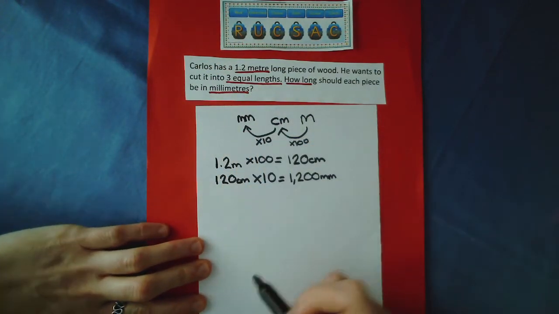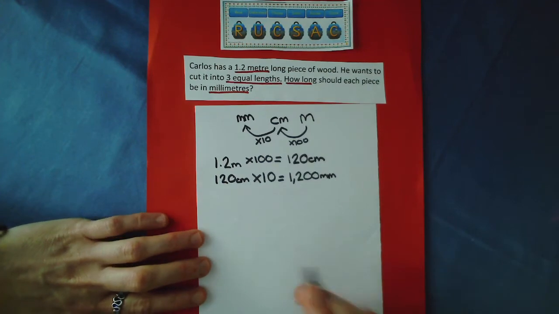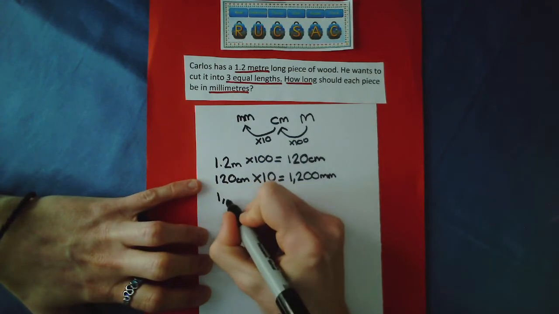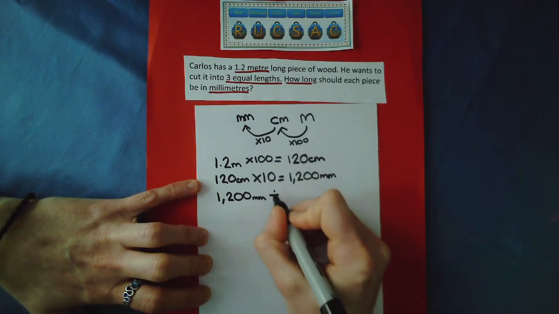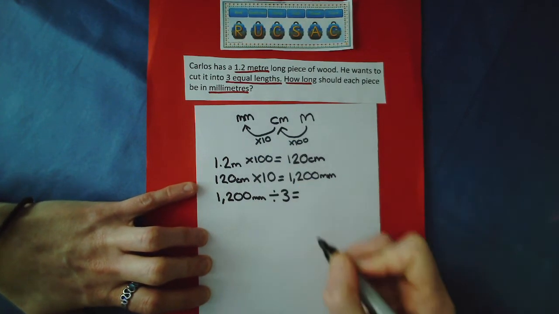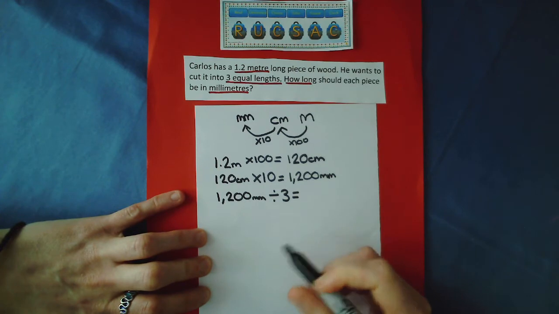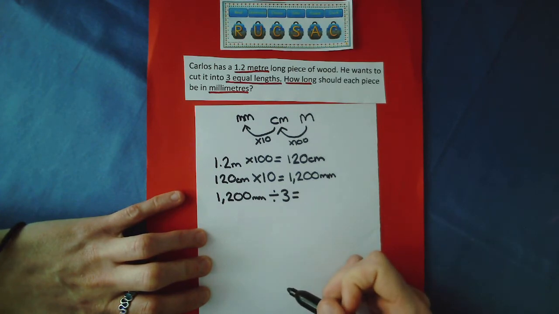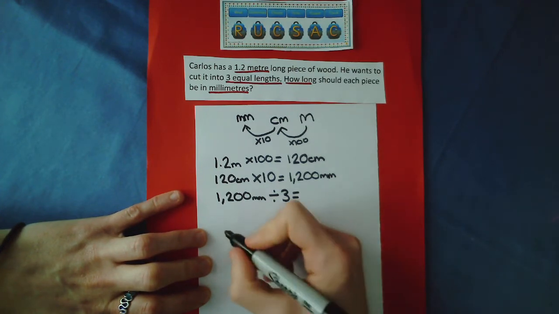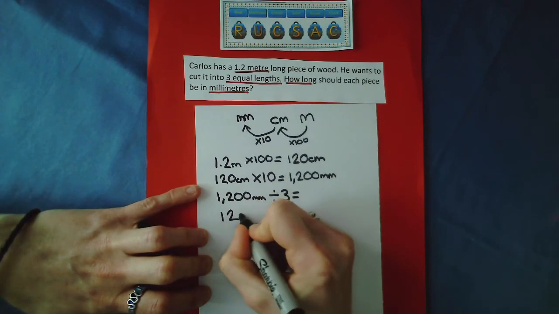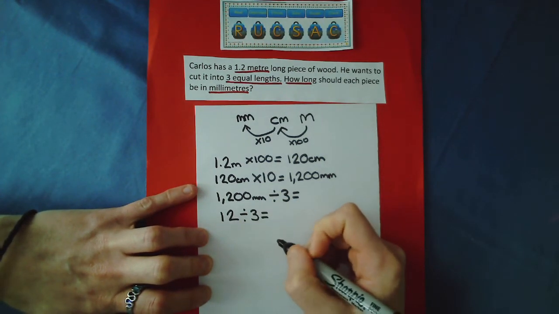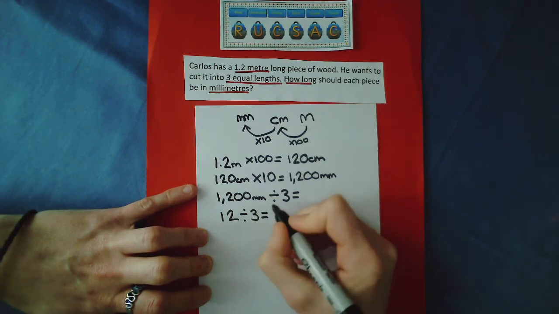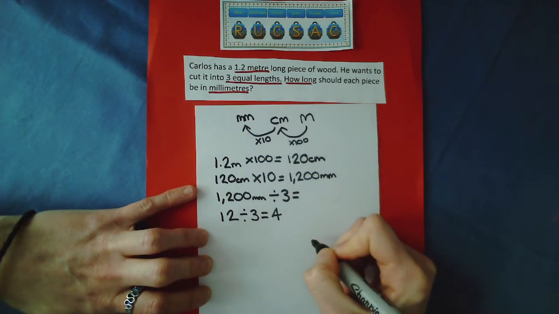Now we need to work out our 3 equal lengths. So 1,200 millimetres divided by 3. I don't know how to do 1,200 divided by 3. But we do know how to do 12 divided by 3. What's 12 divided by 3, year 4? That's right, 4.